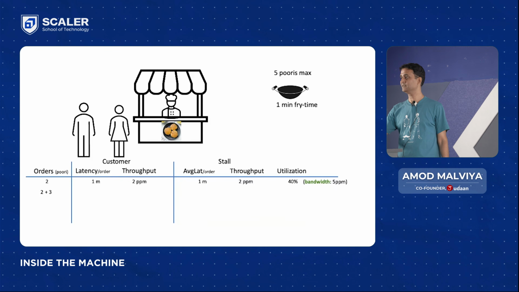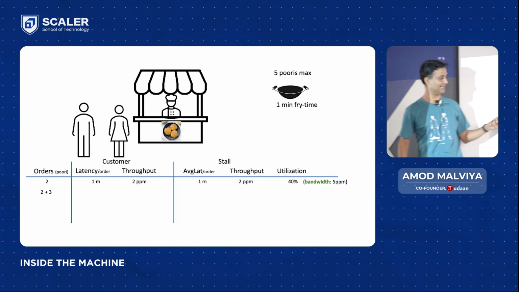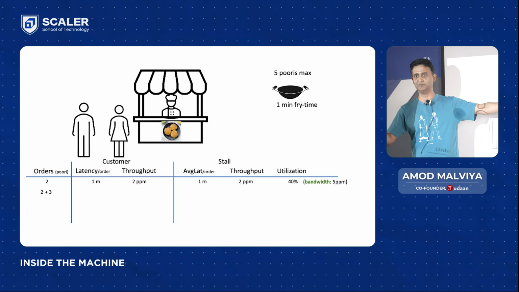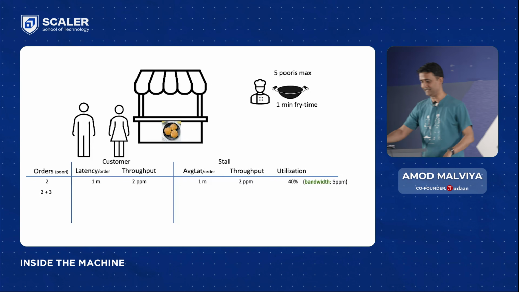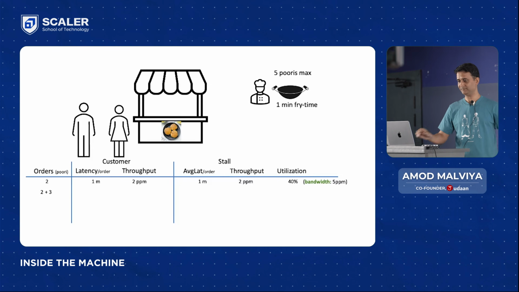For the second person, after 1 minute, the cook comes back. That's when this person ends up ordering: hey, I need 3 puris. I've been waiting for 1 minute already, but now that you're here, 3 puris, please. So the cook goes back again, and so what is the latency for the second customer? 2 minutes.